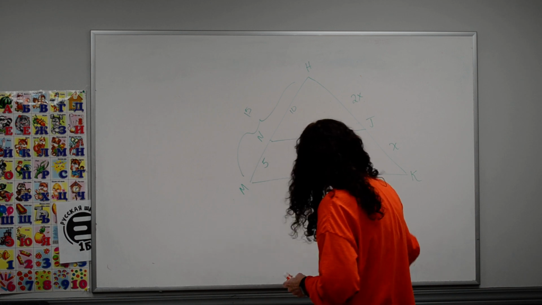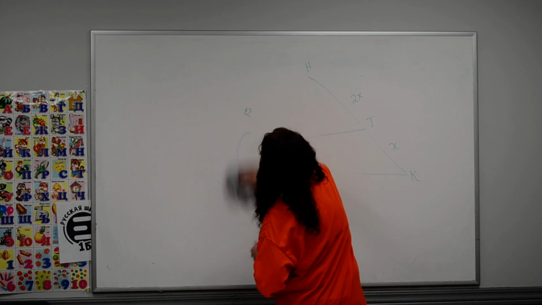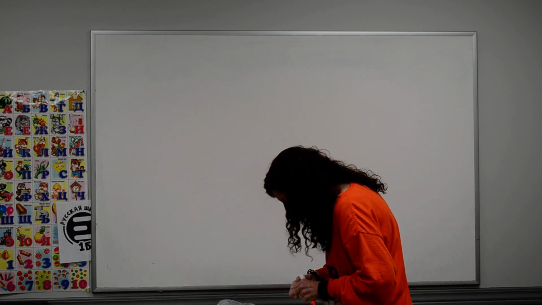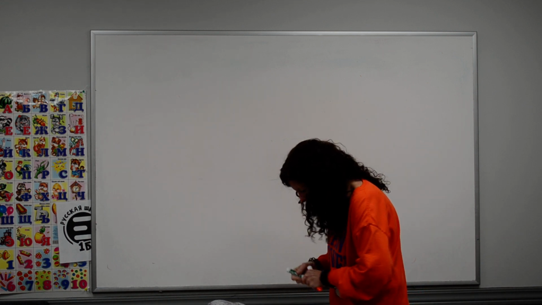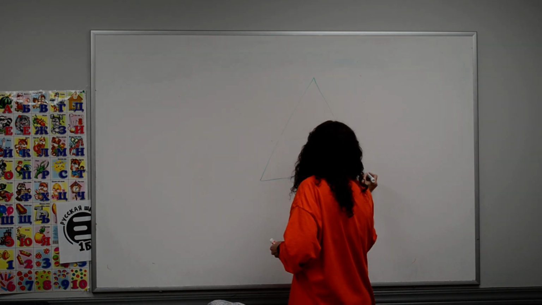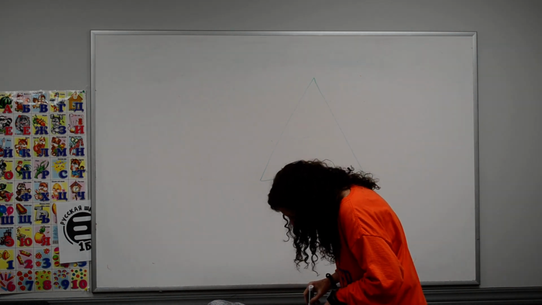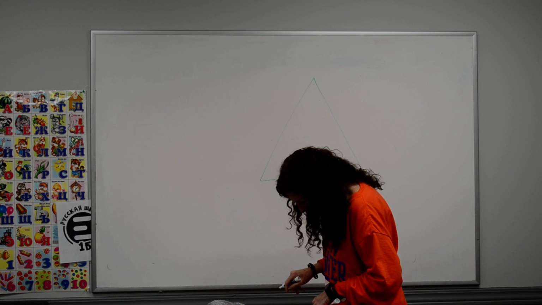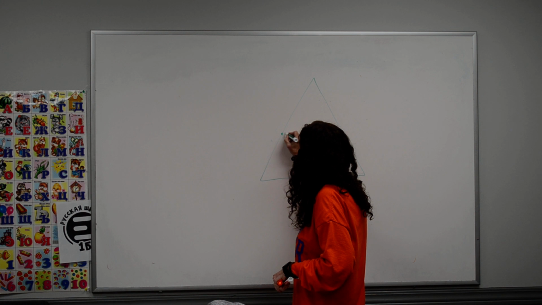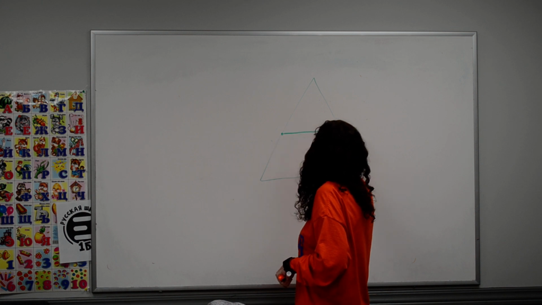All right, then there is this kind of a cool theorem that says, it's called the triangle mid-segment theorem. So if I have a triangle, it says a mid-segment of a triangle is parallel to one side. Now, mid-segment means it's right in the middle.